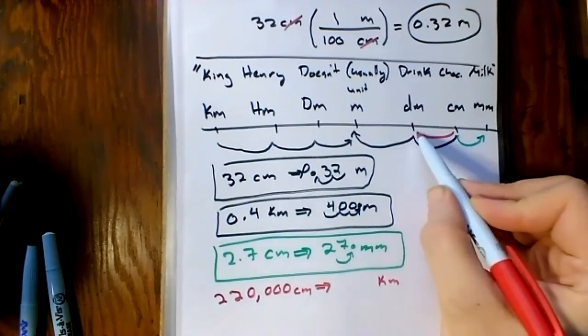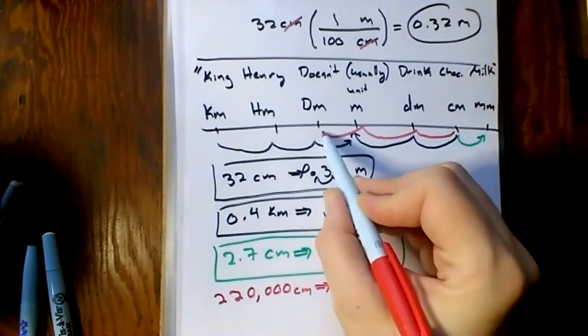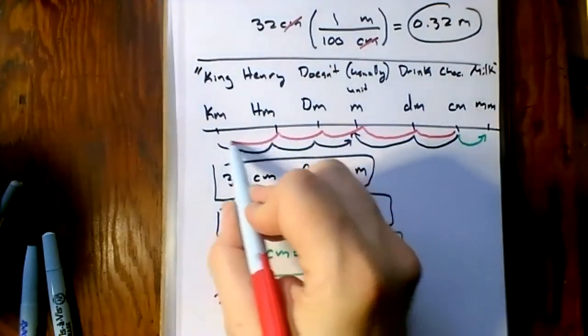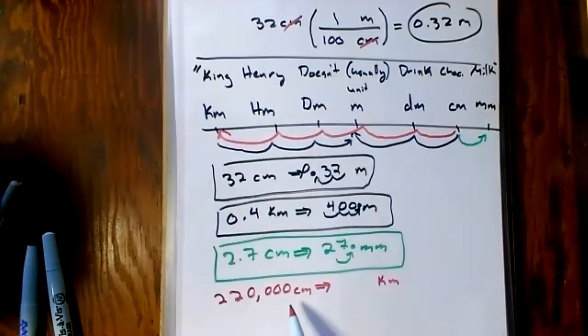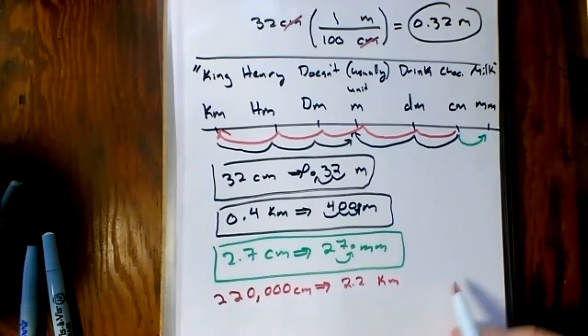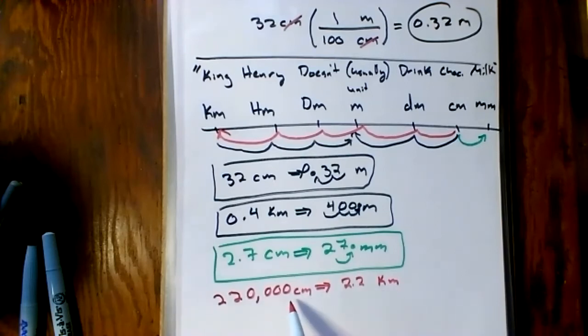It's going to move 1, 2, 3, 4, 5 places. That would turn into 2.2 kilometers. So again, that was moving 5 places. So my decimal point would move from there to there.